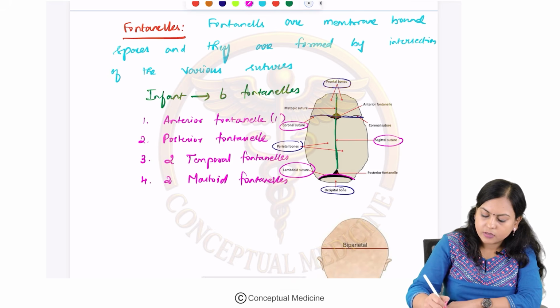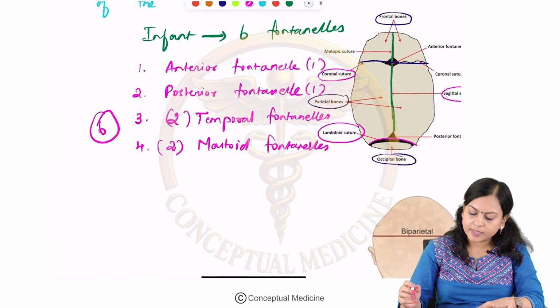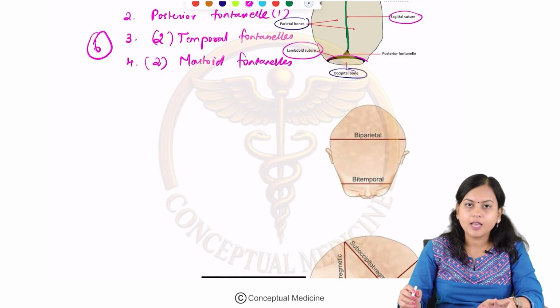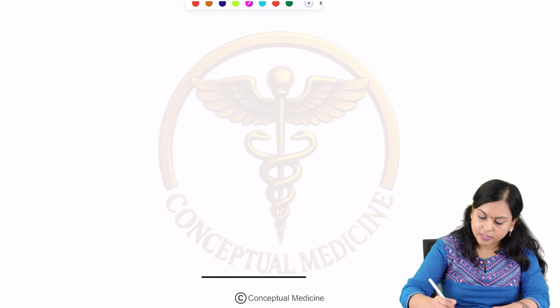So in total it comes to 6 fontanelles. Okay, and we are going to discuss the most important fontanelles now, that is the anterior fontanelle and the posterior fontanelle.